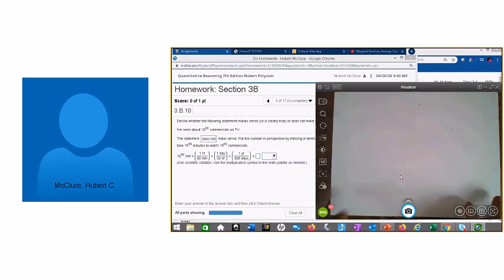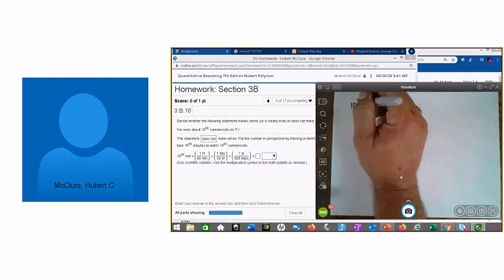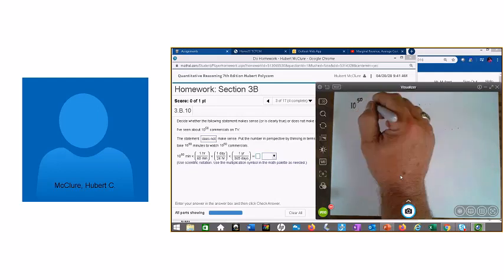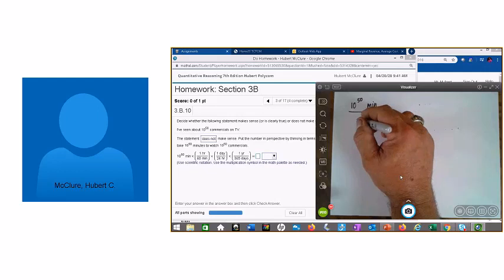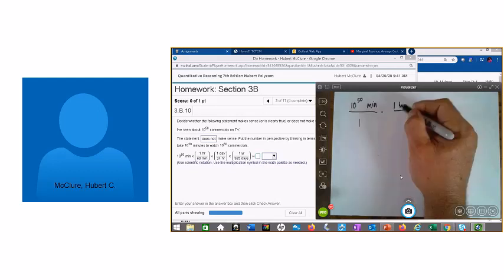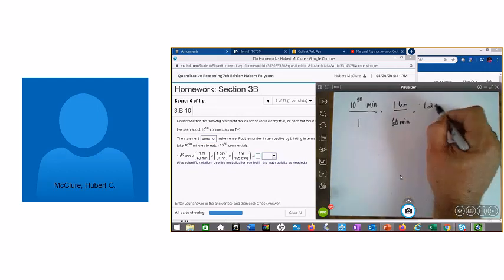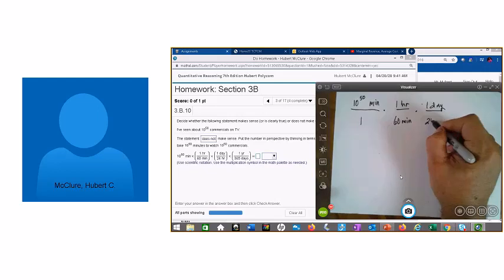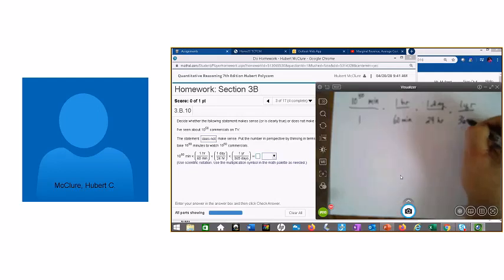I'm going to write everything out in scientific notation. 10 to the 50th minutes, multiplied by 1 hour over 60 minutes, multiplied by 1 day over 24 hours, multiplied by 1 year over 365 days.